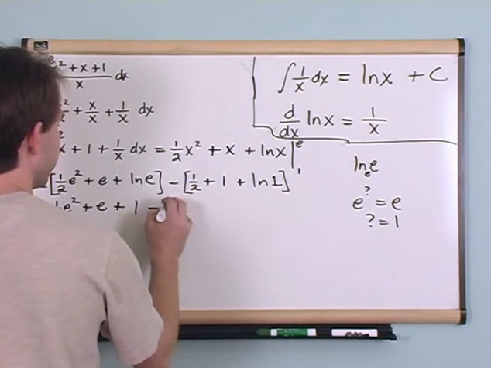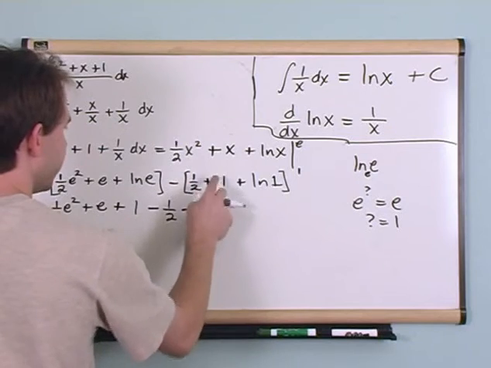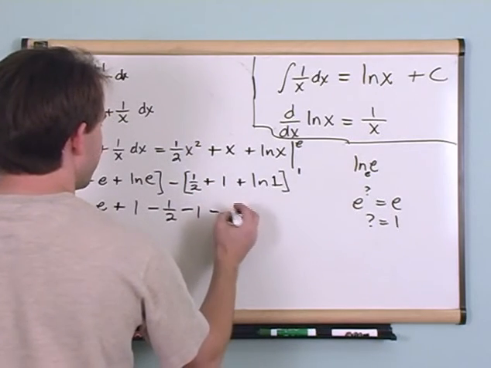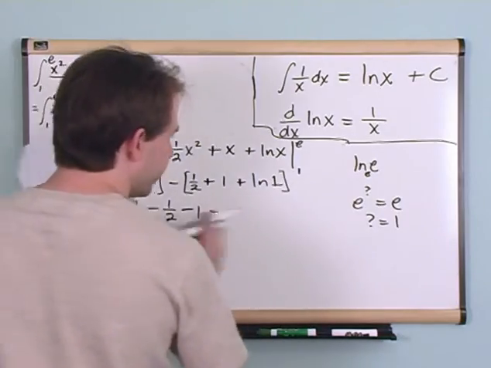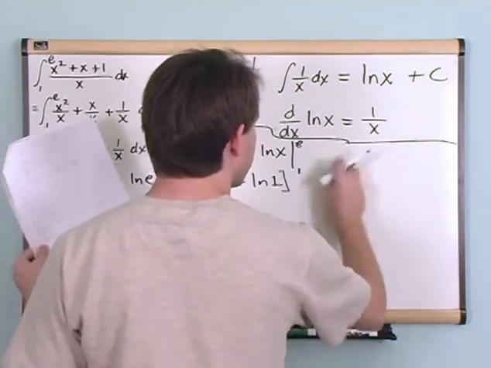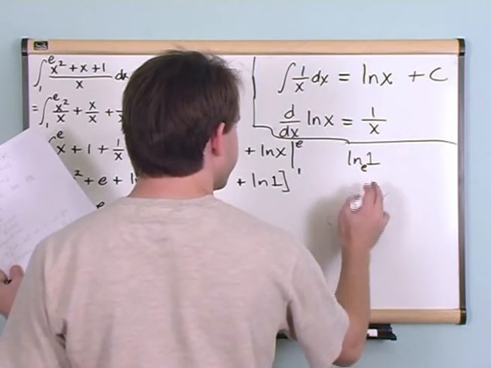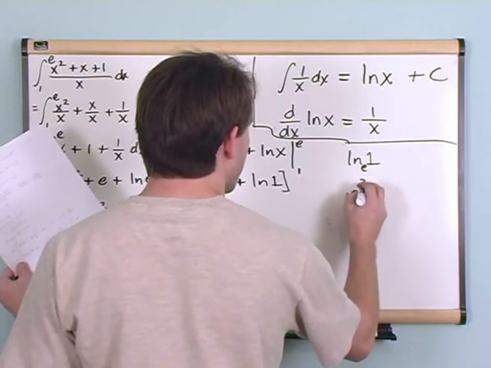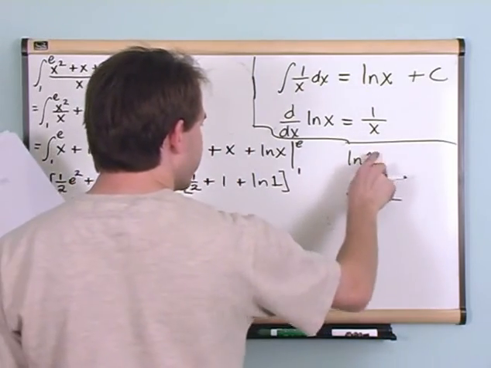Over here, you have minus 1/2 distributing in this negative, minus 1, again distributing in the negative, and then minus the natural log of 1. But again, let's think about what is the natural log of 1. The natural log of 1, it's a base e, don't forget. So then you say, okay, base to the what power will give me 1?